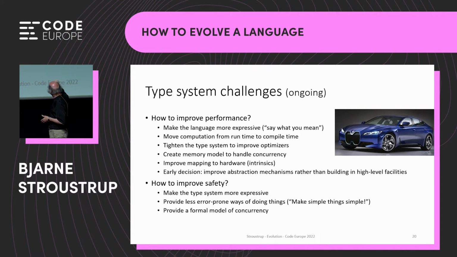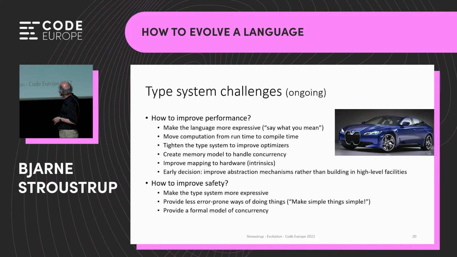A lot of what we do has been to move computation from runtime to compile time, and you can do many things, probably more than you imagine, at compile time in exactly the same way as you do it at runtime. And if you do things at compile time, you don't have to write an error handler because the compiler tells you not to run that code. If you do it at runtime, you have to do error handling in some way or other, and that's always the worst part of a system.